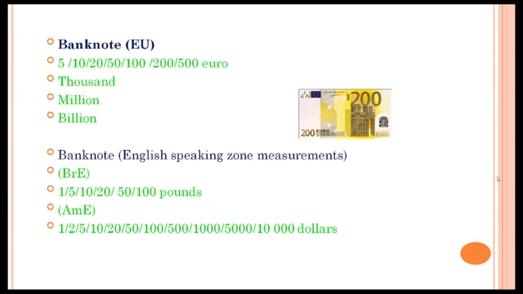In the United States of America, people use 1, 5, 10, 20, 50, and $100 banknotes. The American dollar also has 500, 1,000, 5,000, and $10,000 banknotes, but they are rarely used.